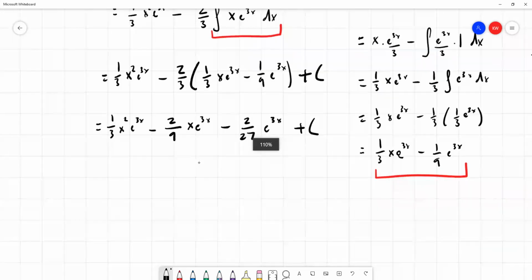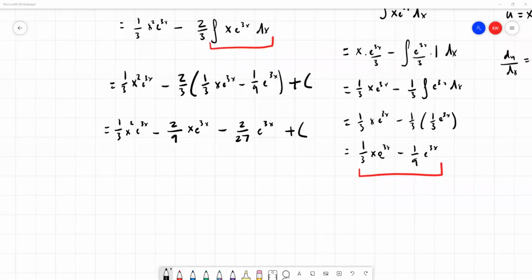Now we could look, and we will in fact look further into how we can simplify this and tidy it up a bit more. You should be able to see that e to the 3x is a common factor of all of the terms with the exception of the constant term. So taking that out as a common factor should be something we do automatically.